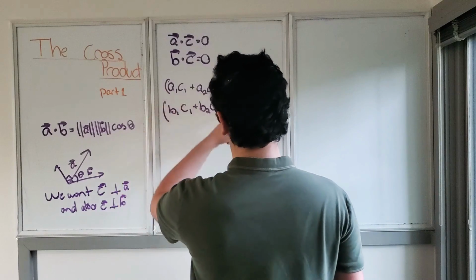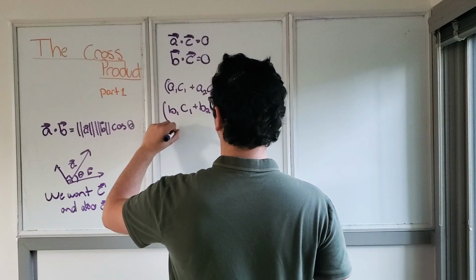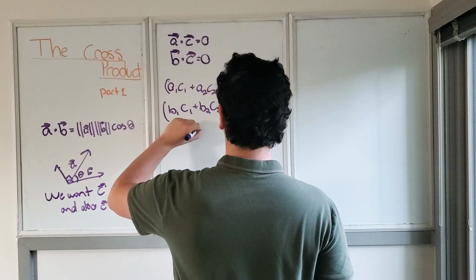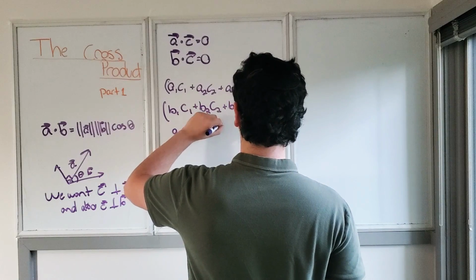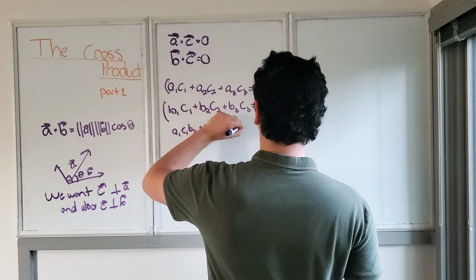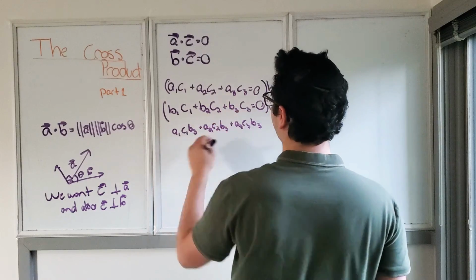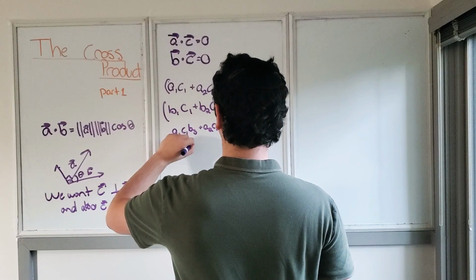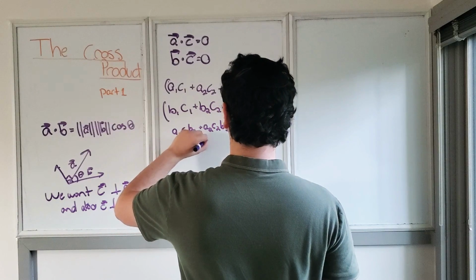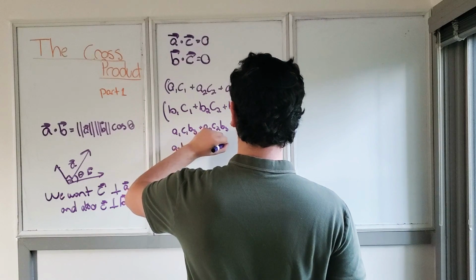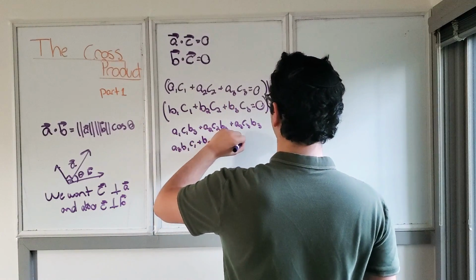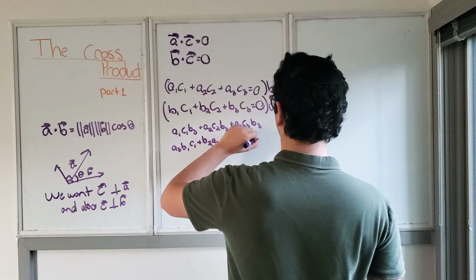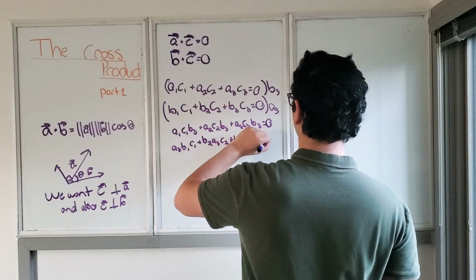So I'm going to be left with, on the top, A1 C1 B3 plus A2 C2 B3 plus A3 C3 B3. And then on the second one, I'm going to have A3 B1 C1, A3 B2 C2, and also A3 B3 C3. And these are both still going to be equal to 0.